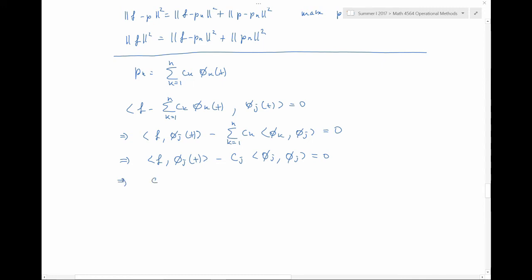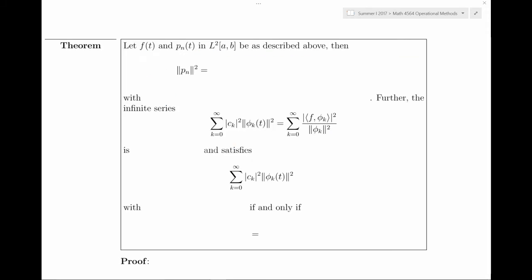This is also in the formula that cj as a coefficient should be the ratio of the inner product of f with phi j of t divided by the inner product of phi j with itself, which is the norm squared of phi j. And this concludes the proof of this theorem. Another result that is quite important is that the norm of your approximation can never exceed the norm of the function it approximates. And that leads to quite a few interesting results.